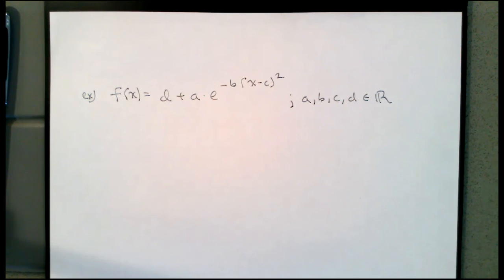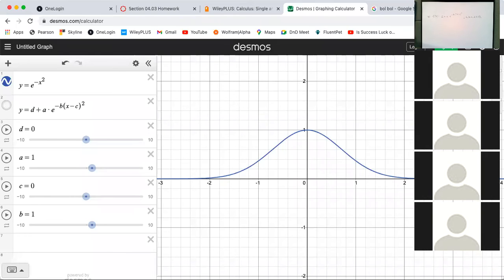Let's make some observations about what happens if we start messing around with these values of the constants. So let's switch over to the graphing calculator. Taking a look at the graphing calculator, I started off with just the baseline e to the minus x squared, and that's the blue graph shown here. It's a little bit darker blue than I have on the notepad.